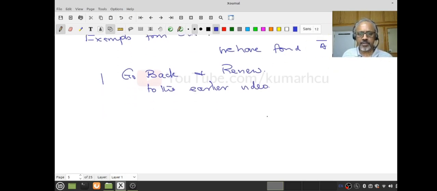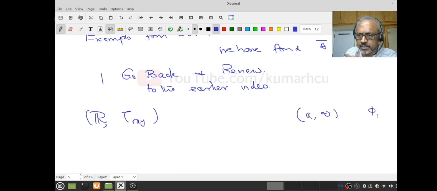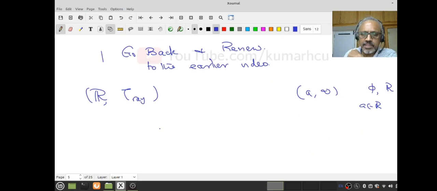Just not to be left out, I left out two examples there, so let me do those examples here. Let us take R with the ray topology, right? So any non-empty open set is of this form. Now let us start with A equal to A infinity itself. I want to know what is A closure. So what do I know? This is the same as asking what are the adherent points of A?